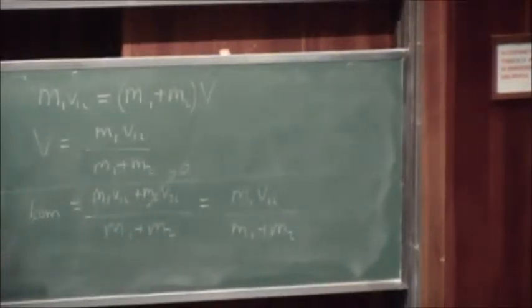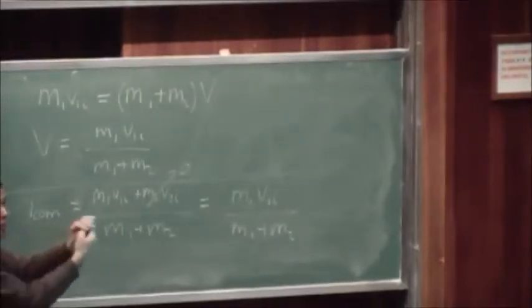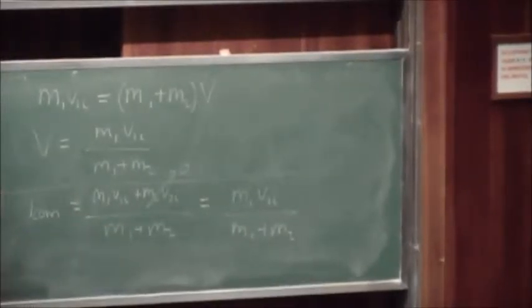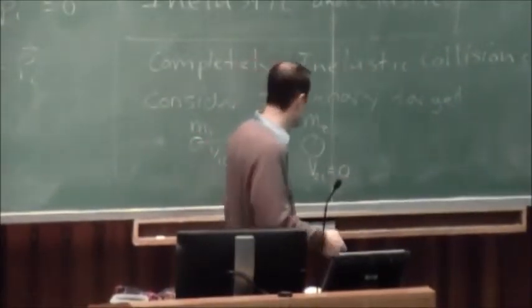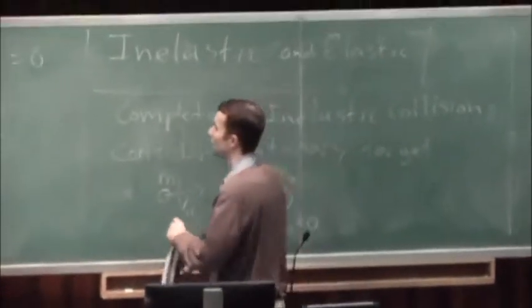Since now both of them are moving together, you would expect the velocity of the center of mass to be the combined two particle velocity. Questions? It's kind of a neat thing if you think about it. The velocity of the center of mass is conserved through this whole process, and that's basically another way of saying that the momentum is conserved.